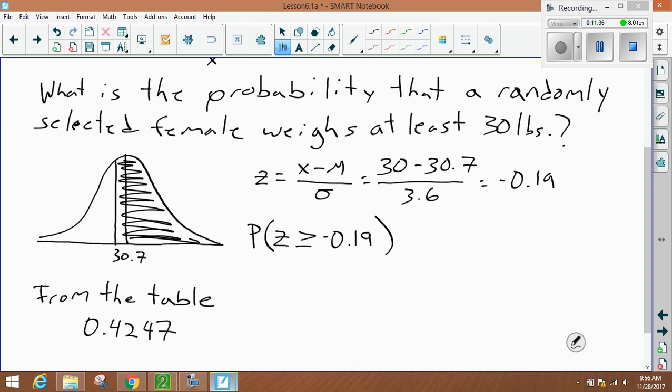But this gives us the area to the left, I'm sorry, I got it backwards. Right, this gives us the area to the left. So in order to find the area to the right, we have to use the complement rule. So we use 1 minus 0.4247.